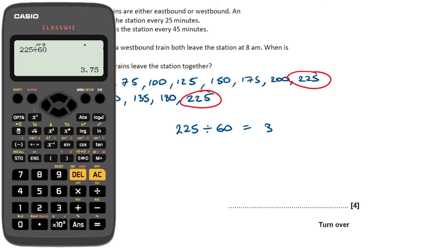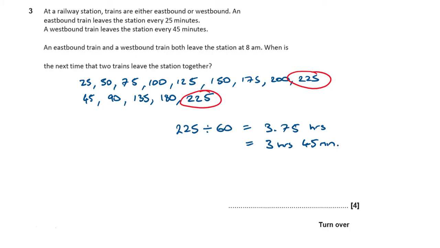So that's 3.75 hours. Now again, I can just use this magic key here to convert that into hours and minutes. So that's 3 hours and 45 minutes. See, that's a super handy key. I've used it twice already. So 3 hours and 45 minutes.